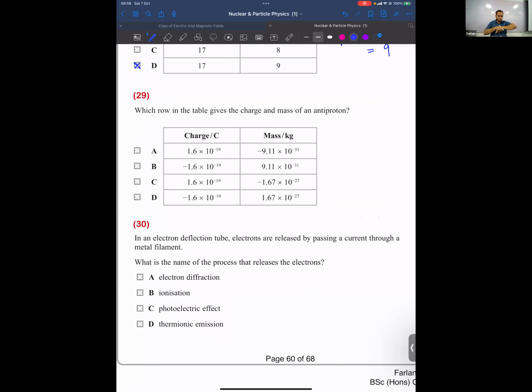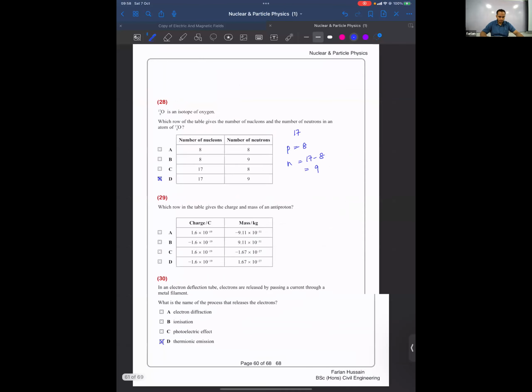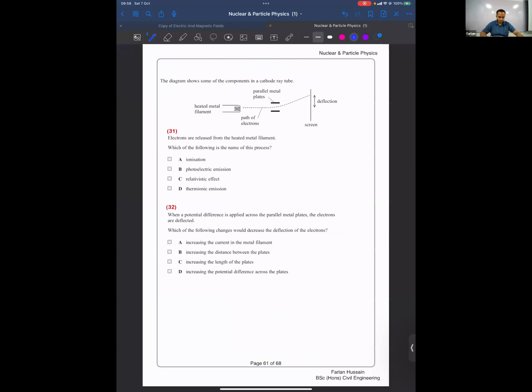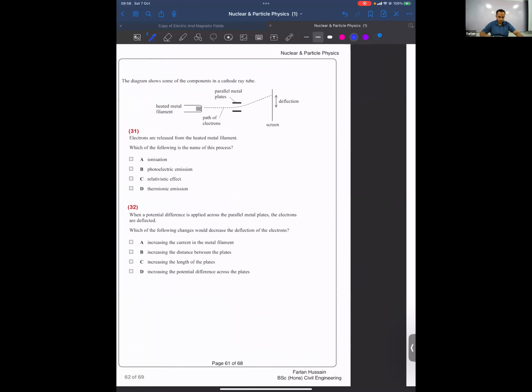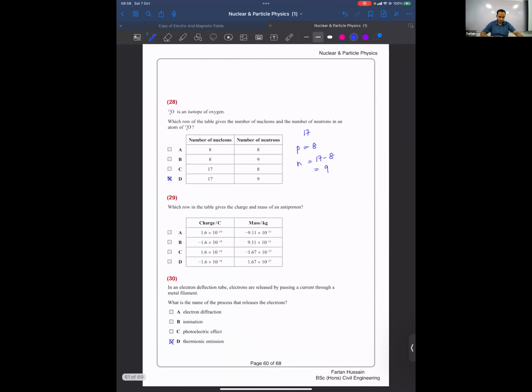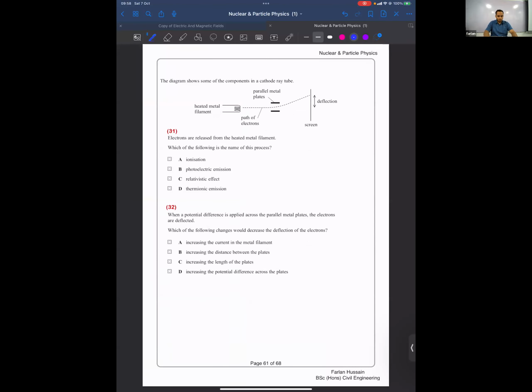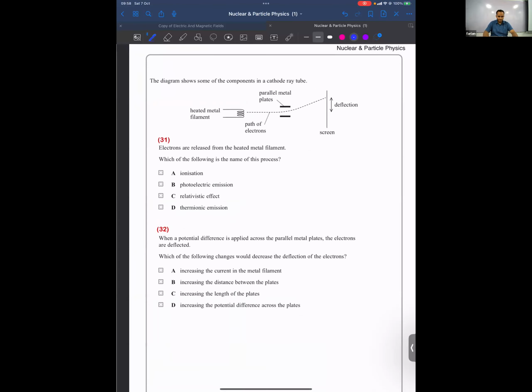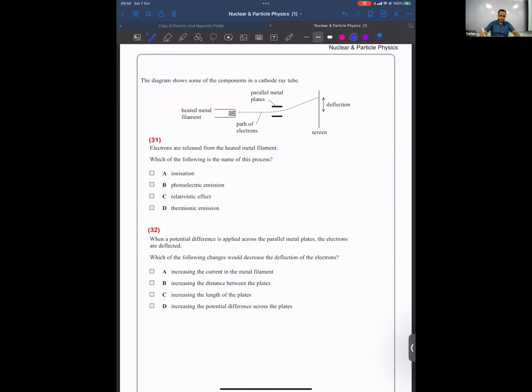What is the name of the process that releases the electrons? Thermionic emission. Correct? So 31 is the same. 31 and 32, can you answer those? Yeah, it's okay.